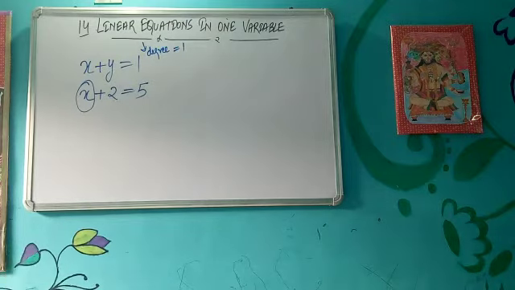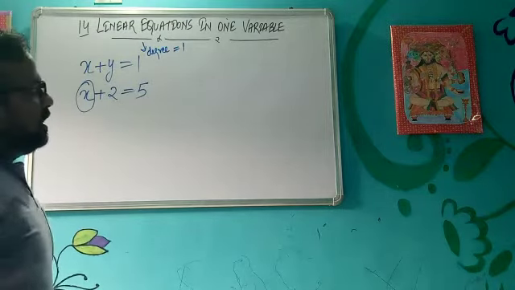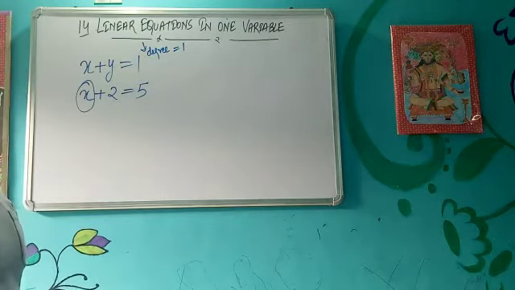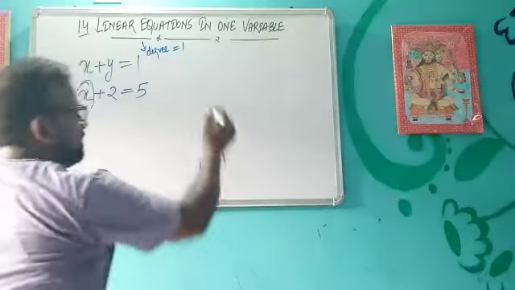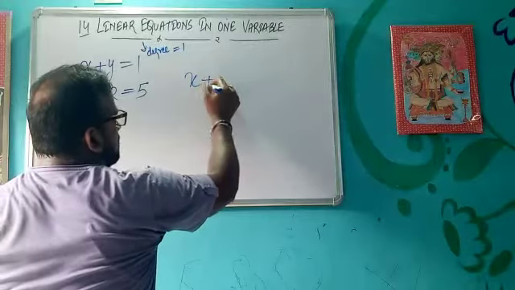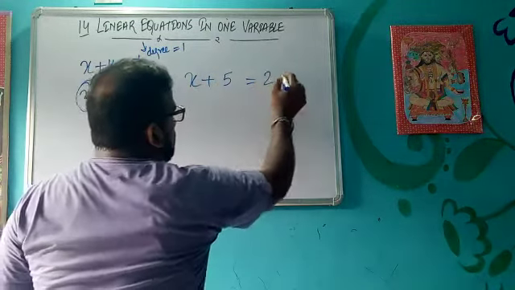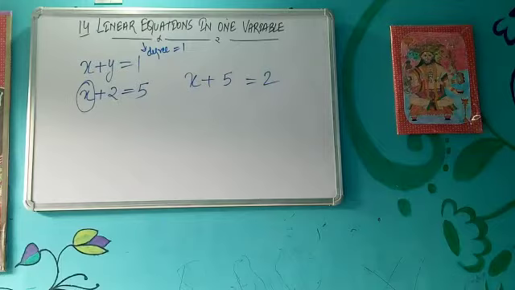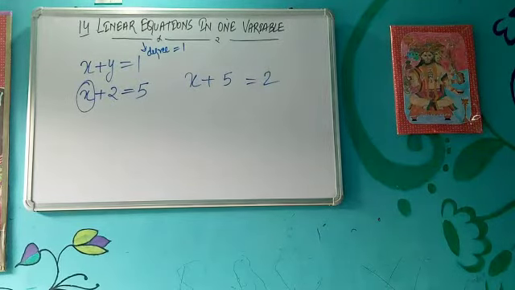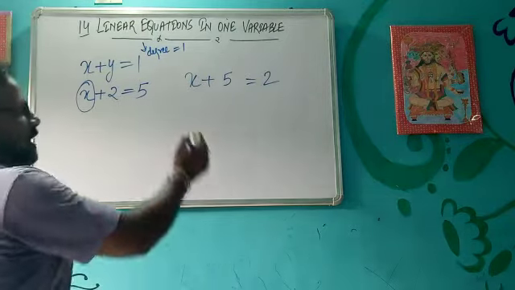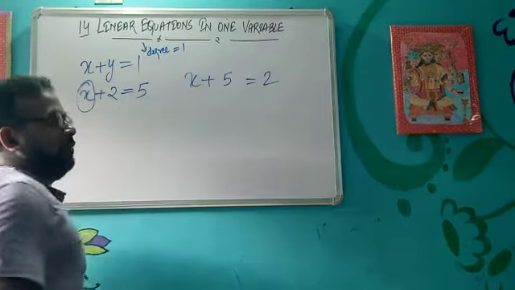In order to solve a linear equation, there are a few things that you have done in the previous classes. Suppose I have written an equation x plus 5 is equal to 2. Suppose I wish to find the value of x.